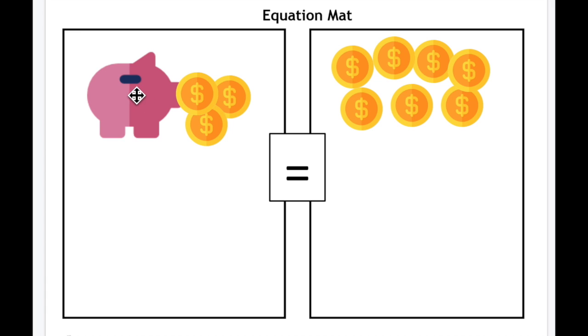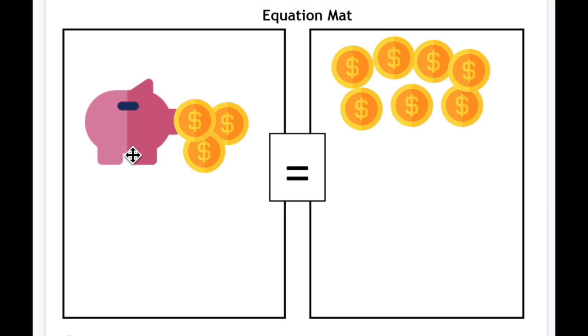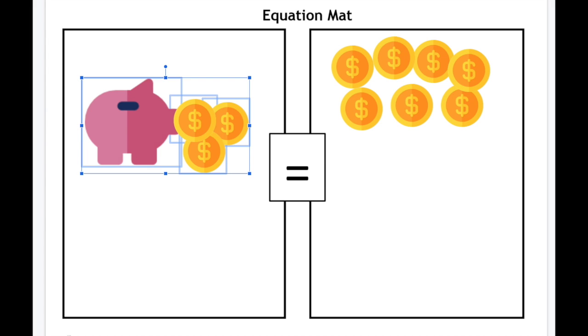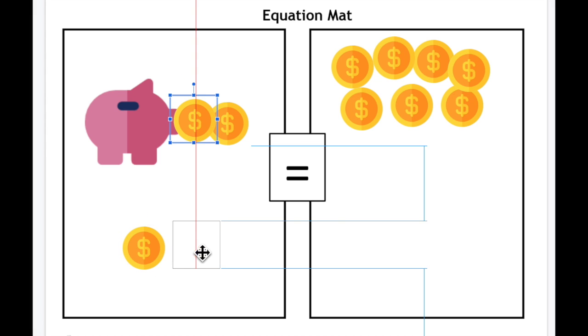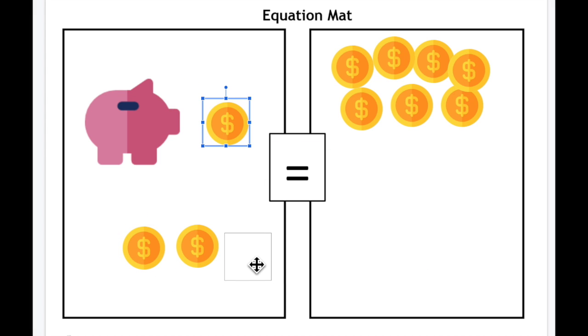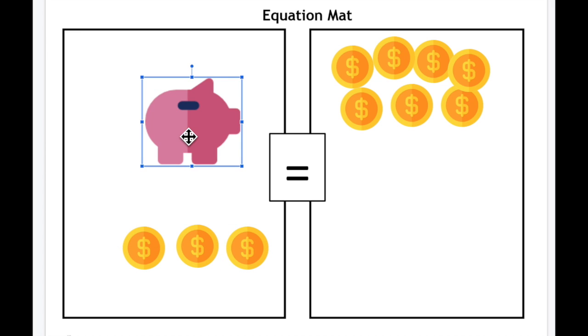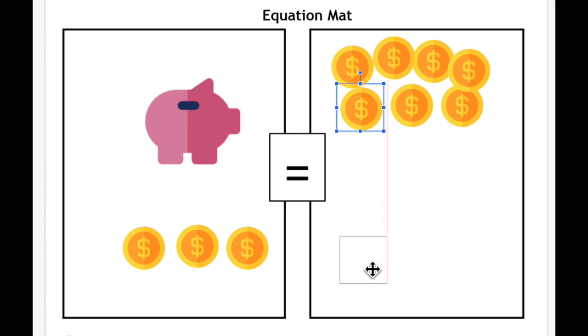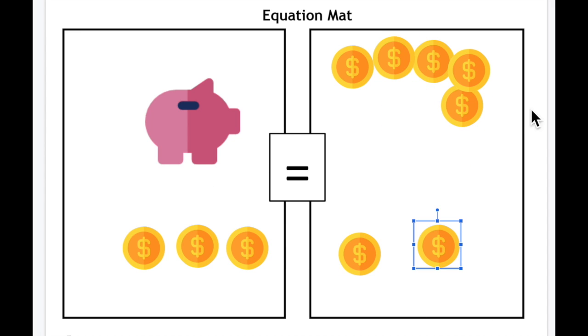Now, here, these are still stuck together. So the next thing I'm going to do is ungroup these. Okay, now I have ungrouped these. And I can work with these separately, the coins and the piggy bank. And I can do as we have done before, I have these 3 extra coins hanging out here.